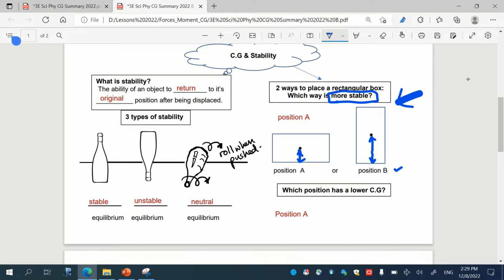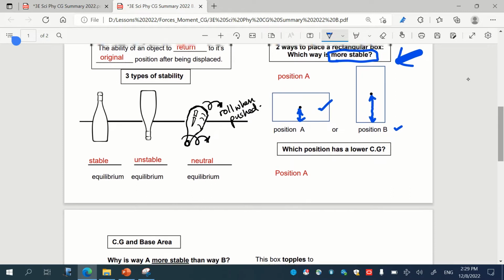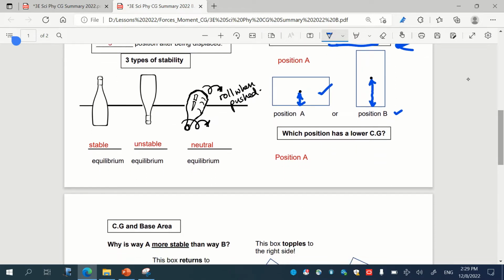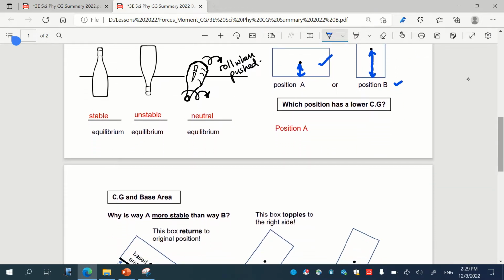It seems like the lower the CG, the more stable an object will be. And this has a lot to do with moments. So that's why this topic CG comes after moment, because sometimes when we explain why a position is more stable than the other, we use moment to explain the turning effect.